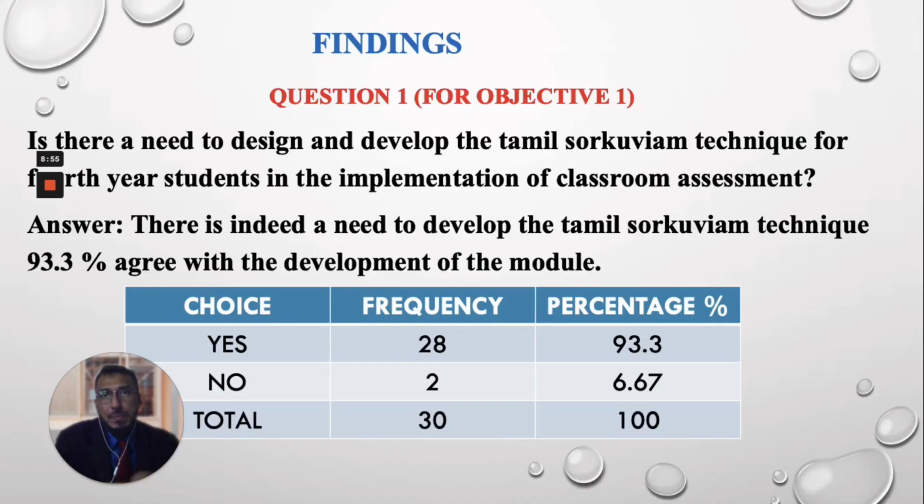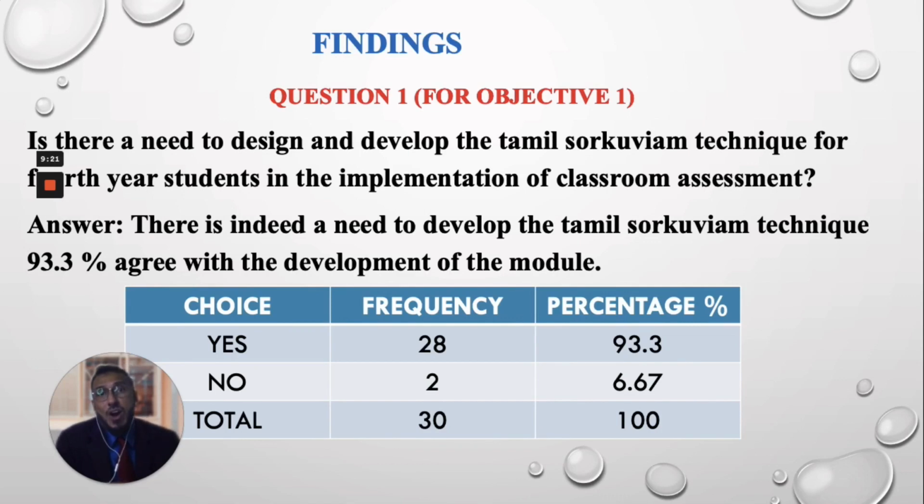So based on the objectives that we proposed in this research, the first question was, is there a need to design and develop the Tamil Sorkuviam technique for year 4 students in the implementation of classroom assessment? The answer was, there is indeed a need to develop the Tamil Sorkuviam technique. 93.3% of the students agree with the development of the module.